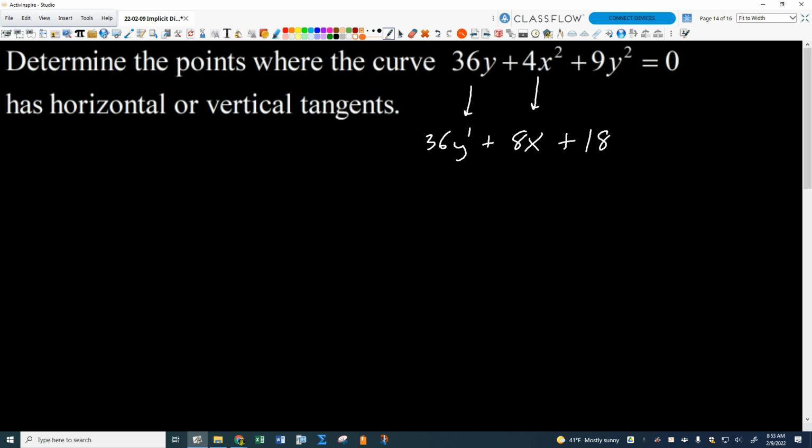Okay, there we go. 18y is the first link in the chain, right? Times y prime, the derivative of y, equals 0. So I've got to solve for y prime. So let's push all the non-y prime terms over to the right and factor out a y prime on the left.